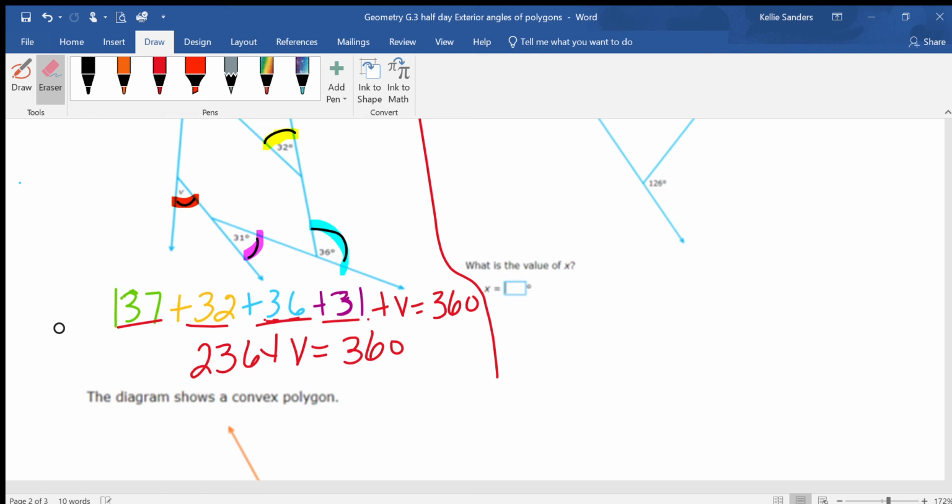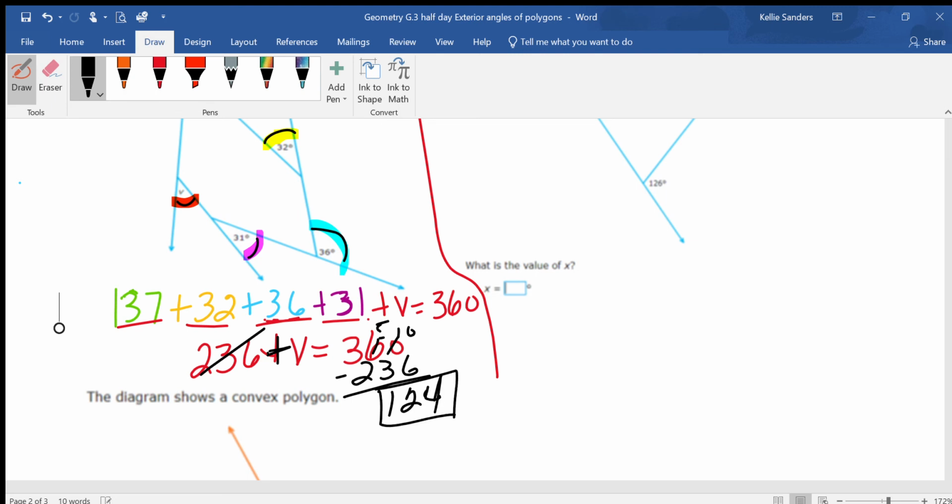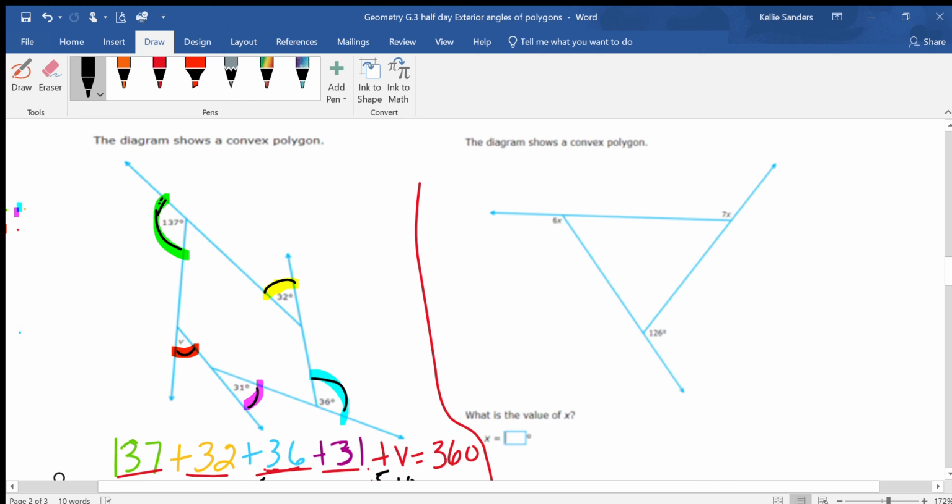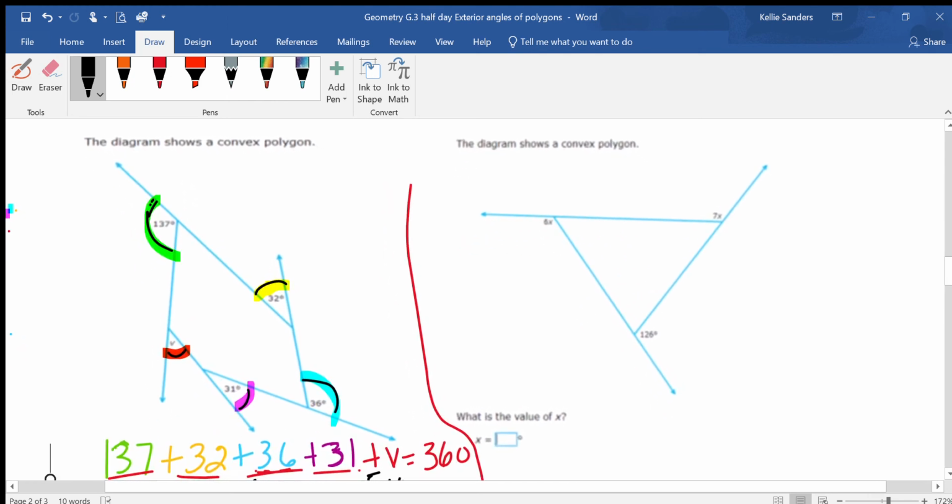You may want to check me on that, see if I made any mistakes. And so if we're adding V to 236 to get 360, we would subtract 236. I got 124. That may or may not be right because I wasn't checking myself on the calculator. Go ahead and check me, and if I made any mistakes, please let me know.